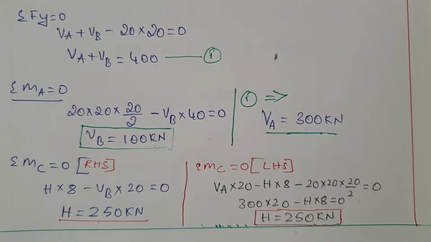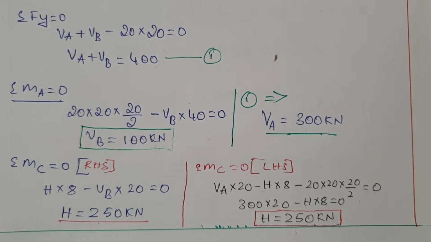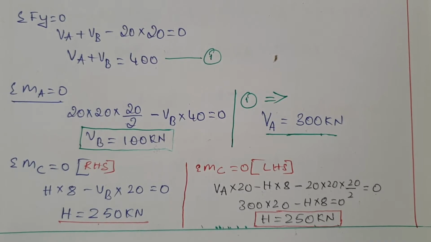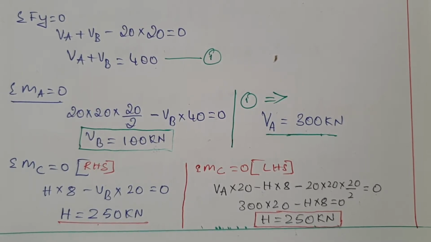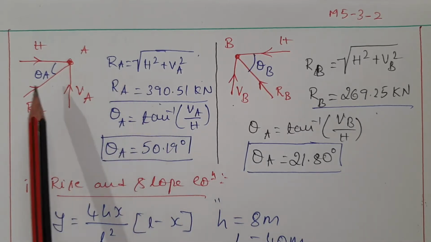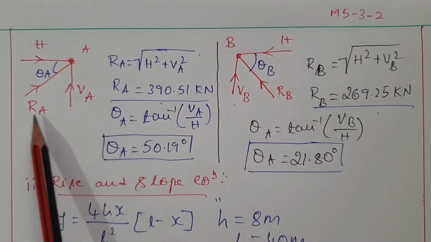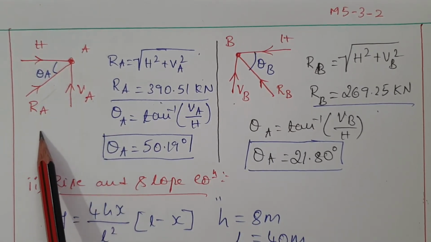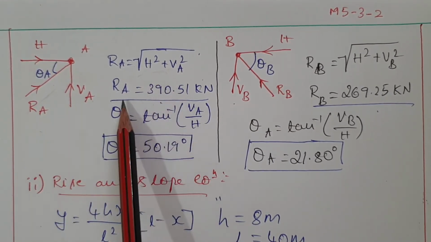After finding VA, VB and H, we have to calculate the reactions RA, the resultant of the horizontal and vertical components. See, at this point we have H as well as VA, and we need to find the resultant RA. For that, this is the formula we follow.